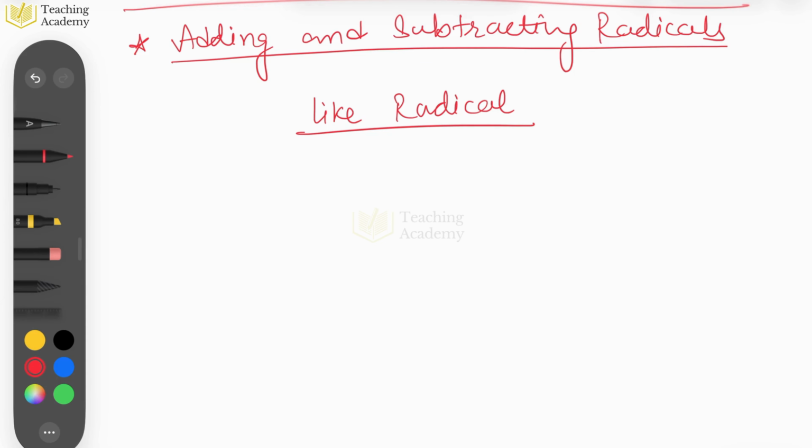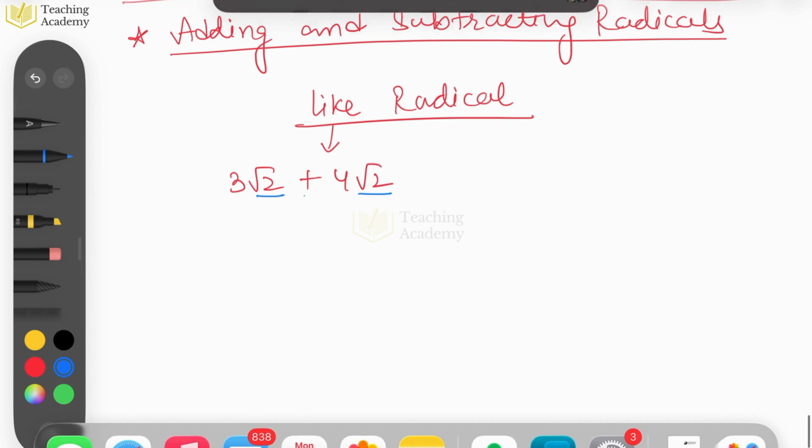Like radical means, I'll give you an example now. If I'm talking about 3 root 2 plus 4 root 2, here you can see that root 2 and root 2 are same, right? That means this is a like one because there is no multiplication in between.